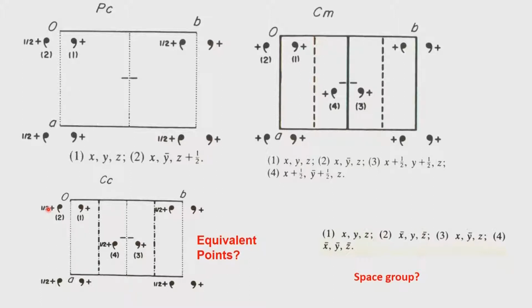Now, what happens to this particular point? This particular point can be translated by 1 unit, and if you translate by 1 more unit, it goes out of the unit cell. But in this case, if you translate it by 1 unit, it comes to this point half plus this object.